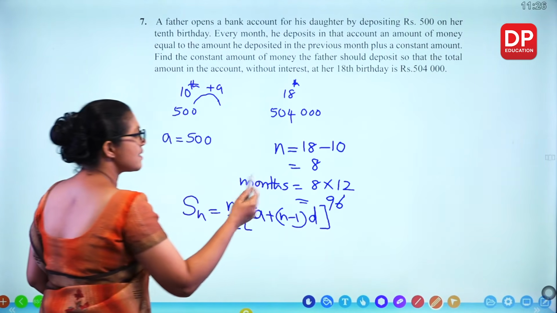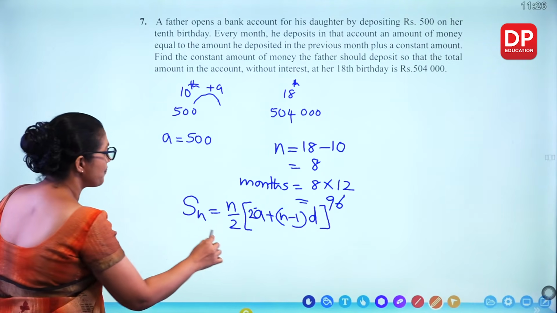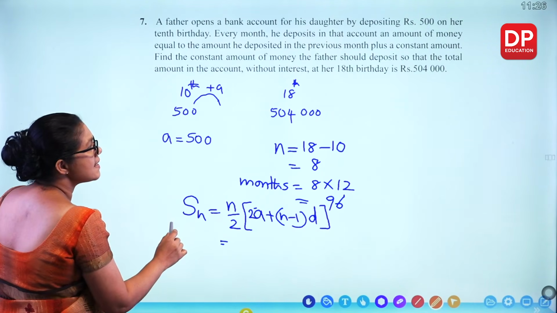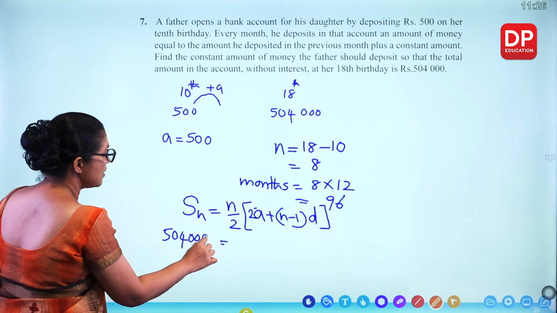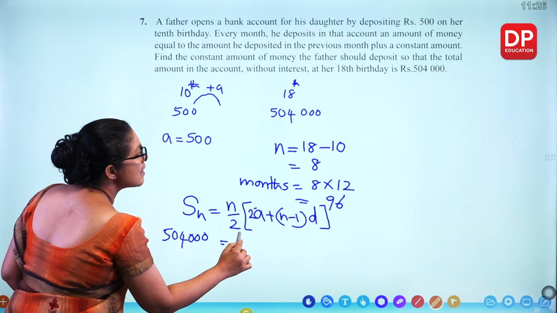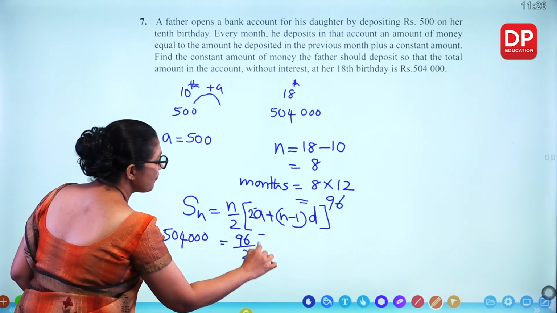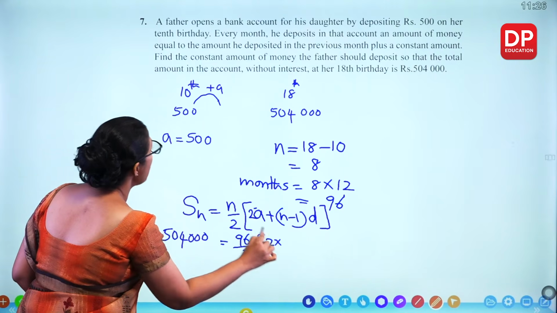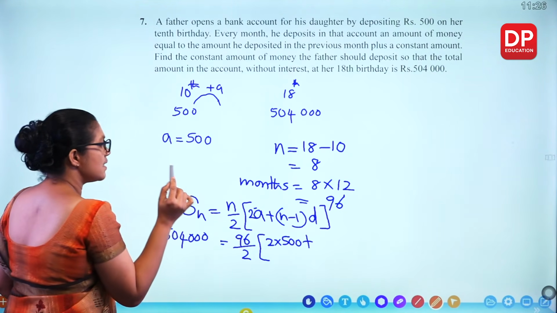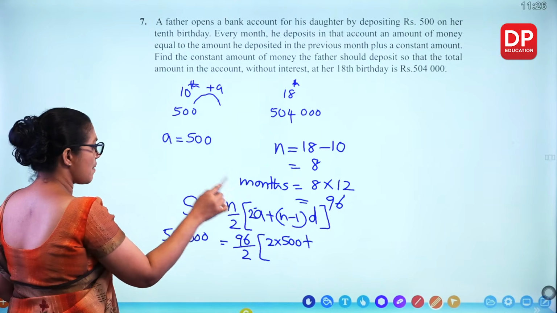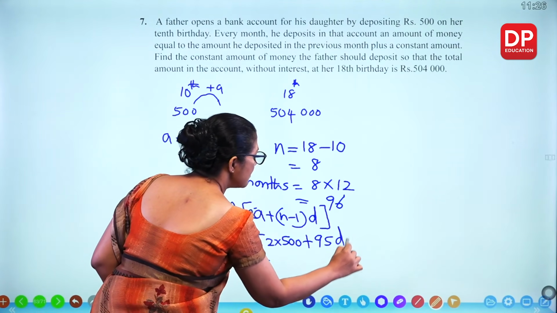D is the constant amount that he deposits. Sn is equal to 504,000. N is 96 now, 96 months. 2 times A. A is 500 plus 96 minus 1 is 95 D.